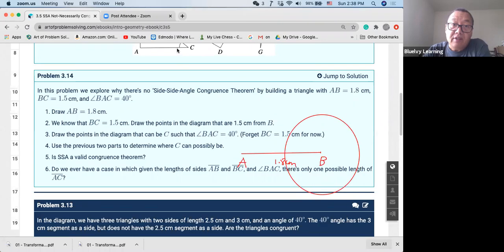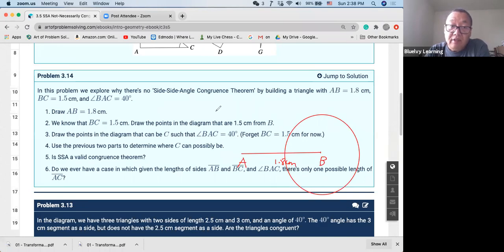So now let's see. Suppose the radius of this circle is 1.5 centimeter.